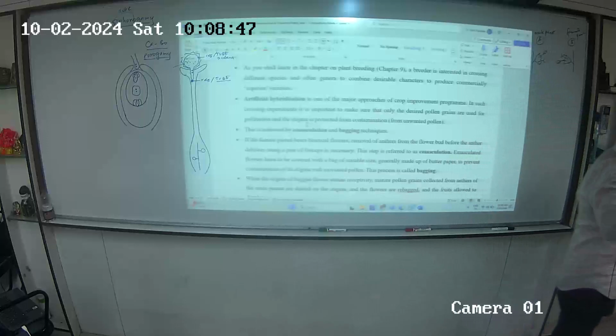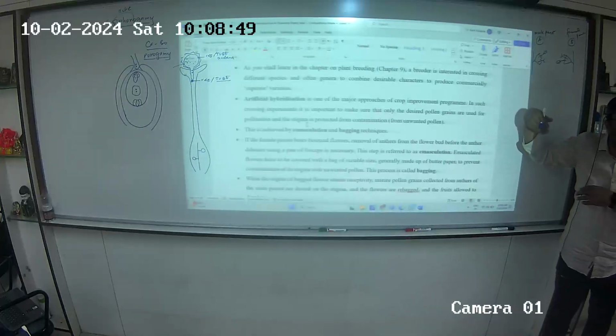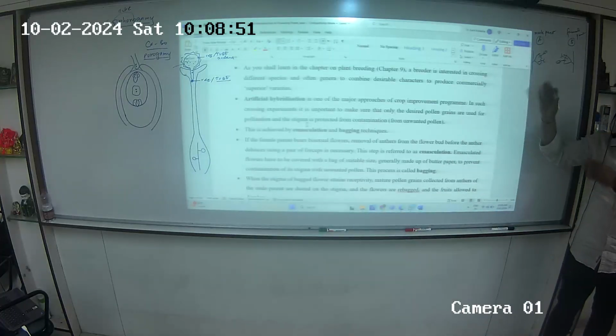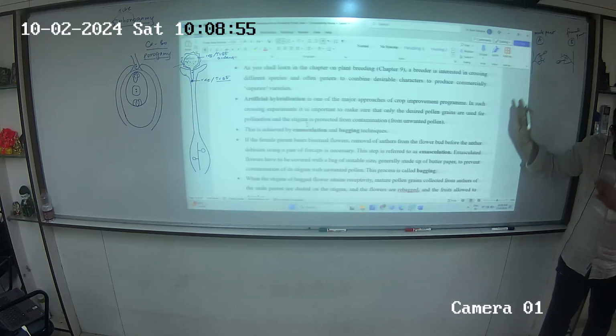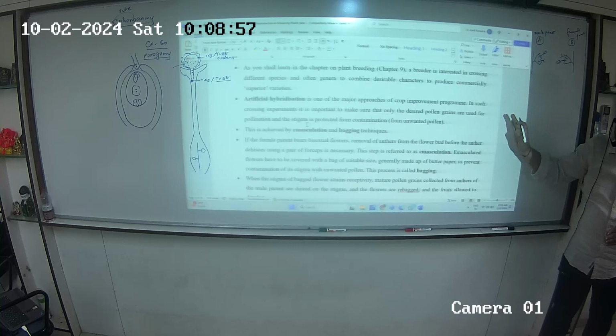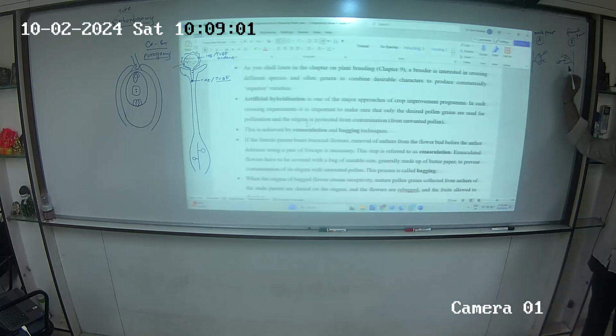Now, after depositing pollen grains, where are you going to put them? On the stigma. So all the post pollination fertilization is going to happen on which parent? Female parent. Now on the female parent we have to ensure that the stigma is protected and not contaminated.